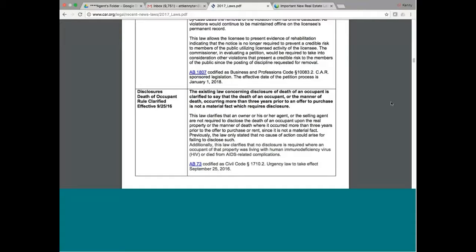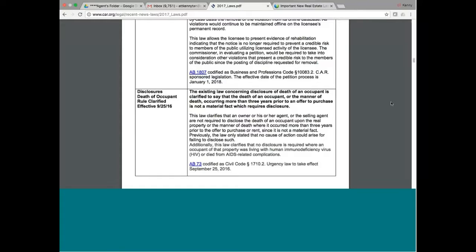So unless they ask you point blank, that SPQ answer basically takes care of the question of whether there was a death less than 3 years ago. And because it wasn't on the SPQ, and if you are not asked, you won't even ever have to be engaged in a conversation with the selling agent about whether there was a death more than 3 years ago.